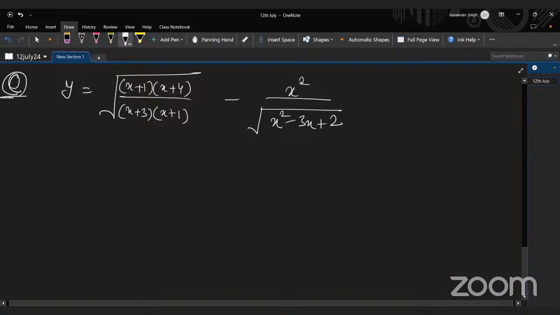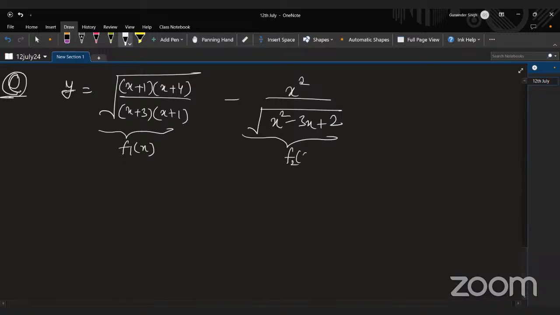Tell me its domain. I will treat this as f1 of x and this as f2 of x. Then I will take their individual domains and proceed further.